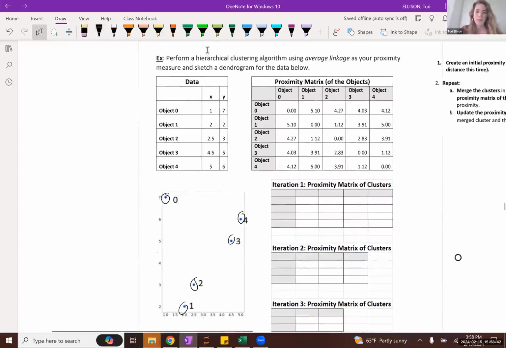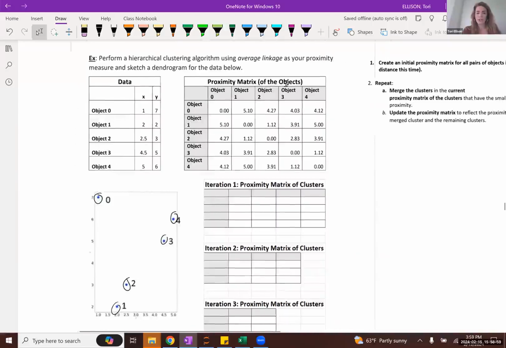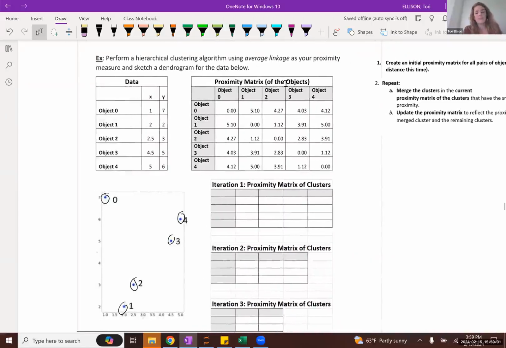And then we've also created our initial proximity matrix of all of the clusters, i.e. the distance matrix of all of the objects in the data set. So based on this initial proximity matrix, what two clusters would merge first? Again, you actually have two options.